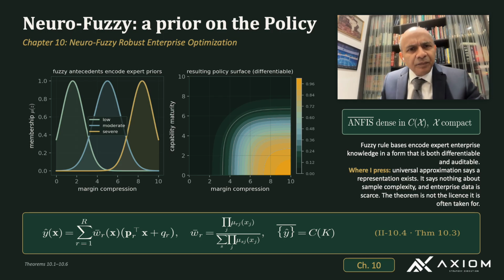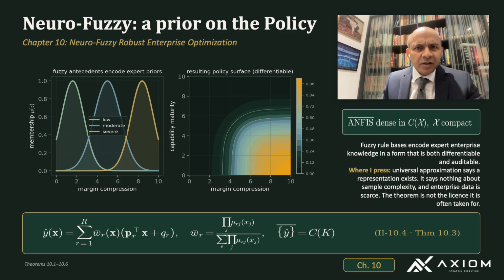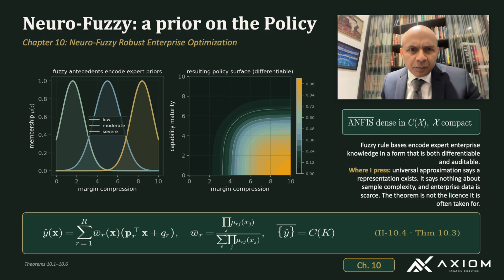Chapter 10, Neurofuzzy Robust Enterprise Optimization. Theorem 10.1, Fuzzy Enterprise Representation. A fuzzy enterprise state can be represented exactly by its nested alpha-cut sets, and conversely, any nested left-continuous alpha-cut family uniquely determines the fuzzy membership function.